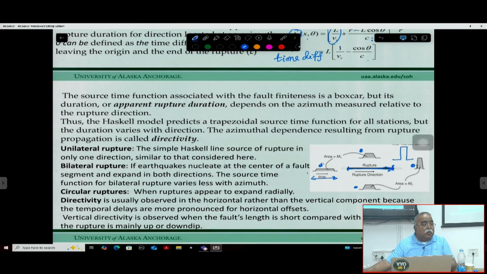Now, if you calculate the moment from each station for this earthquake, they will all be the same, because the moment is the amplitude multiplied by area, and that will always be the same. So they have less amplitude but longer durations, right?